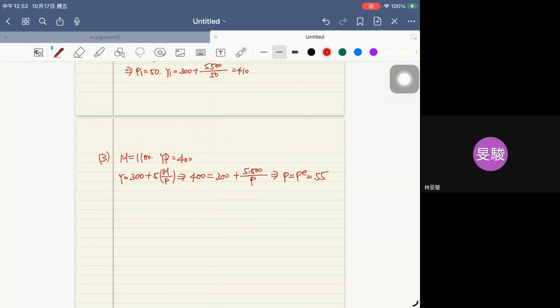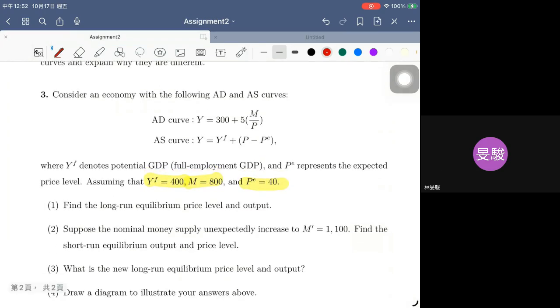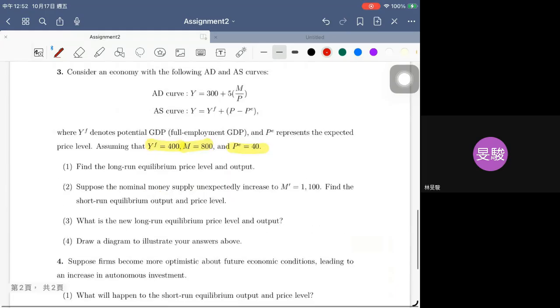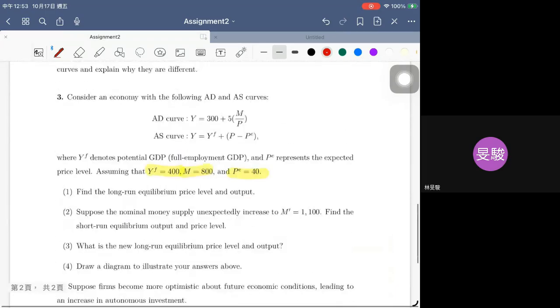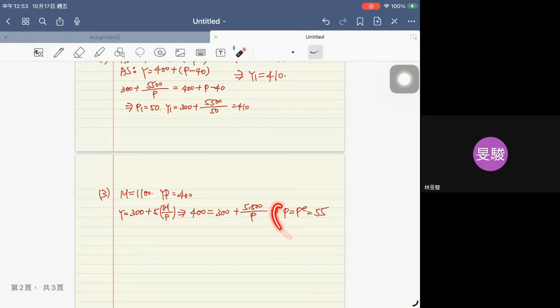Okay, so this is question 3. You get this.